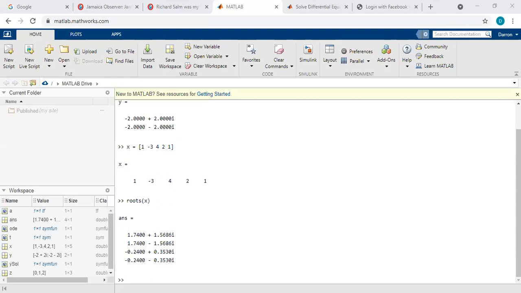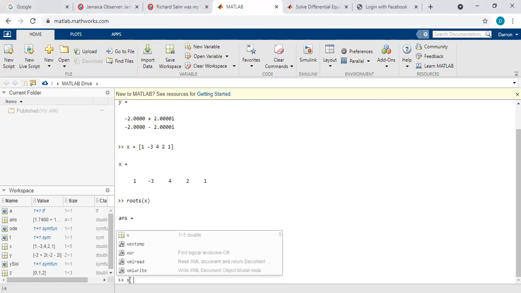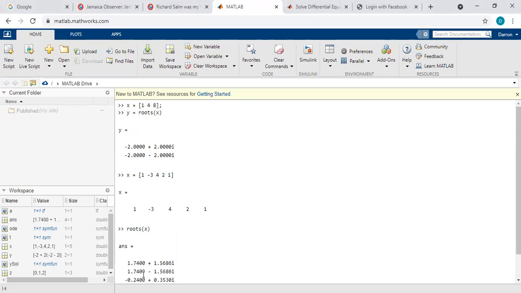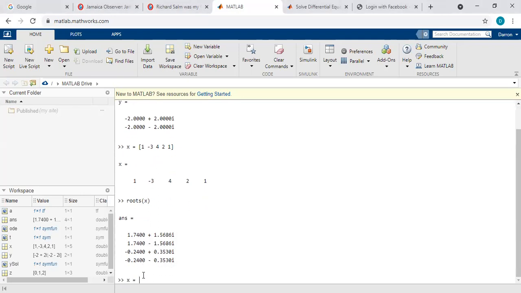If I wanted to put the transfer function in MATLAB, the denominator is 1, 4, 8.